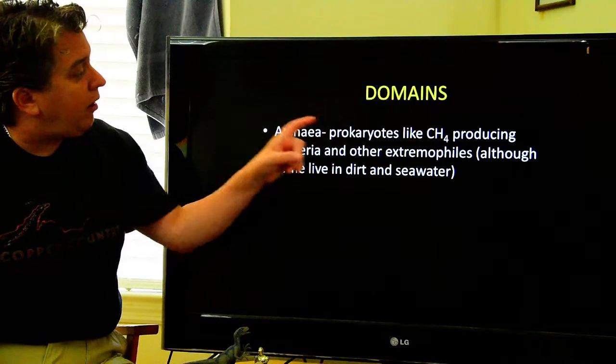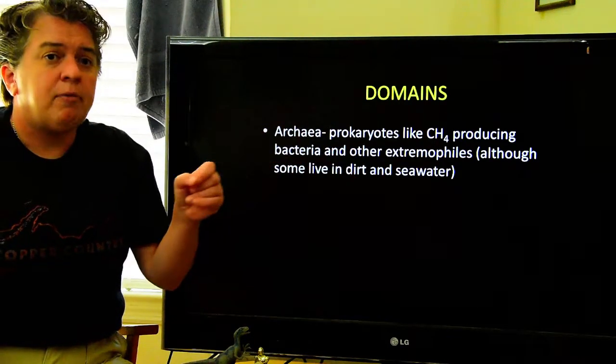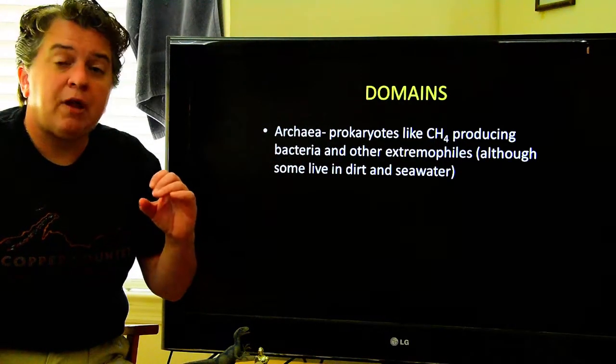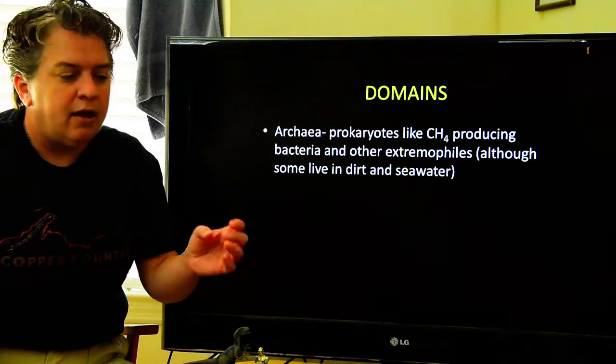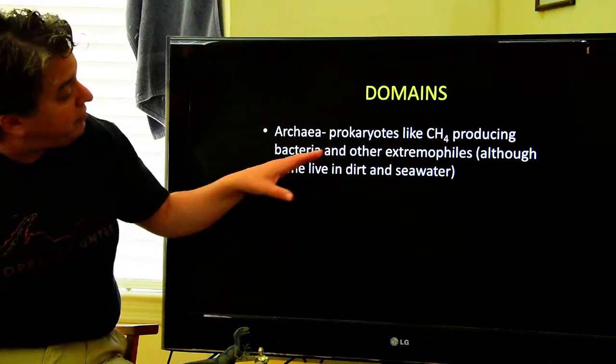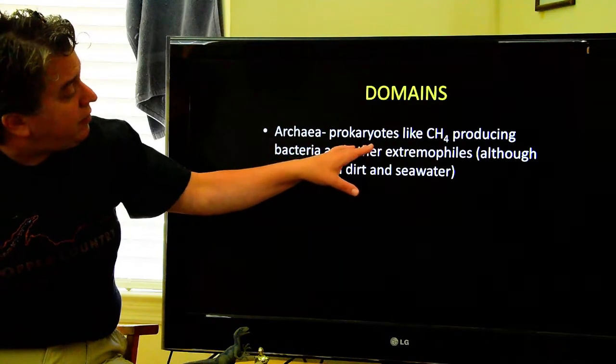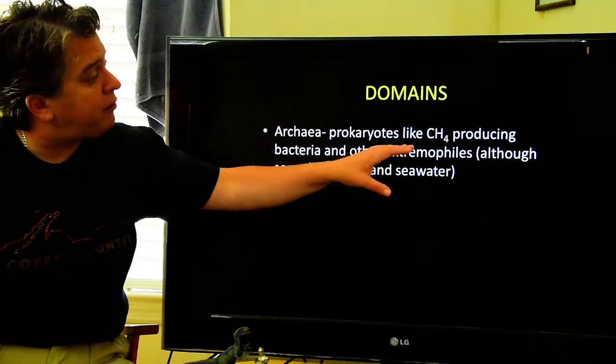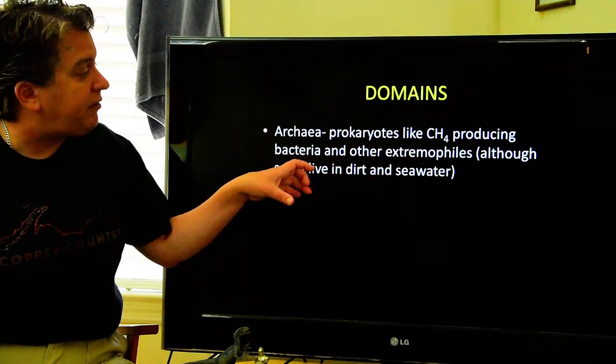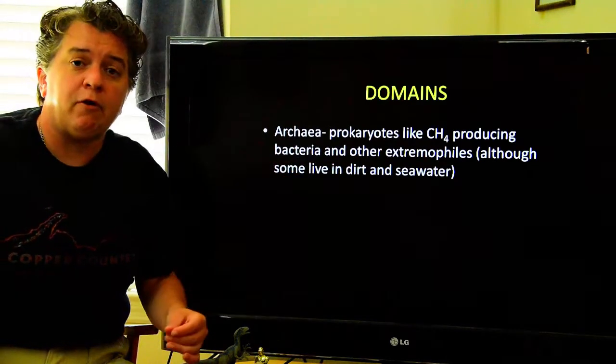Archaea are prokaryotes. A prokaryote is a cell that does not have any organelles in it. So in archaea, these are simple cells, prokaryotes, like methane-producing bacteria and other extremophiles.